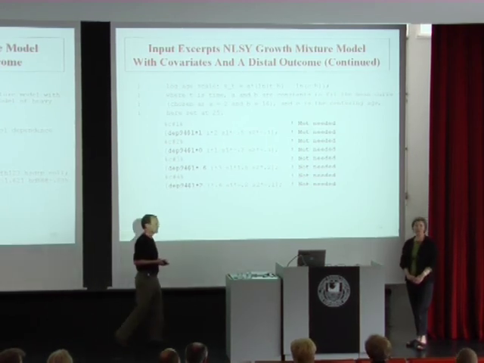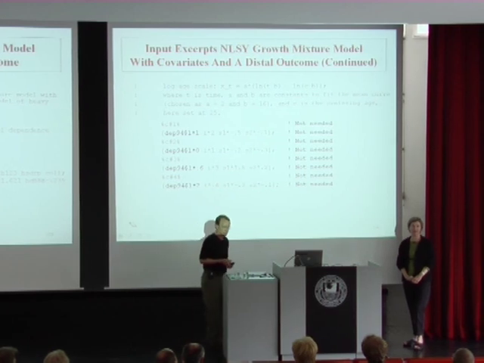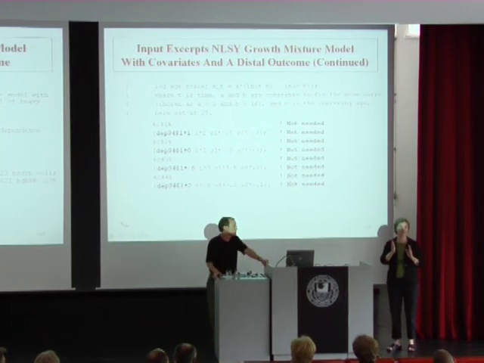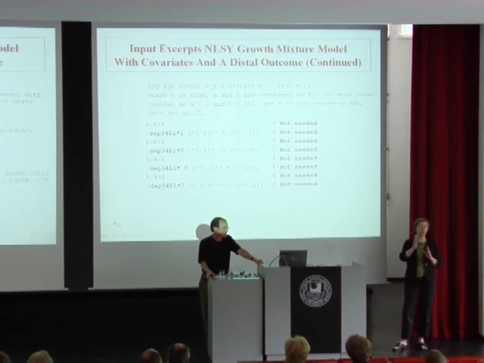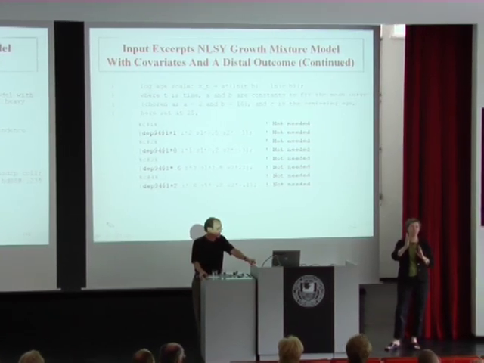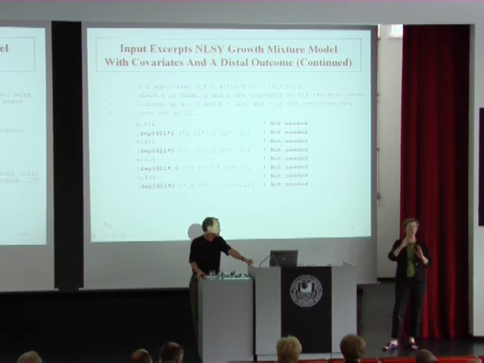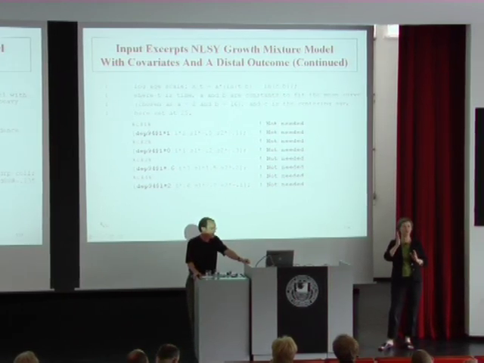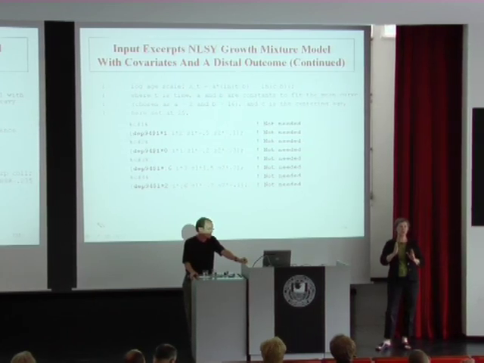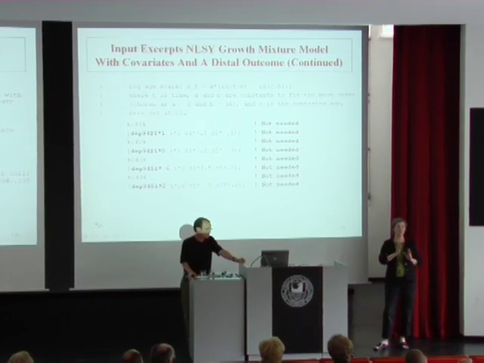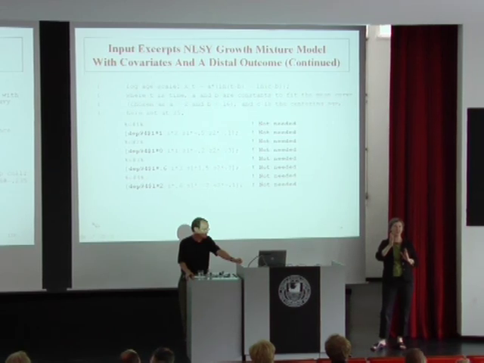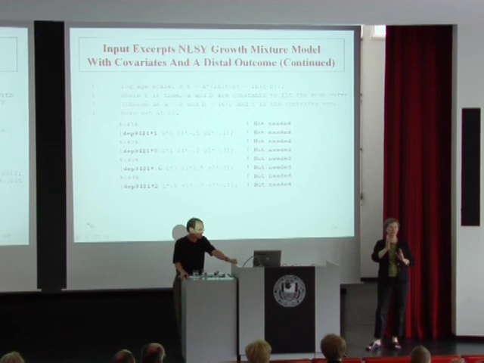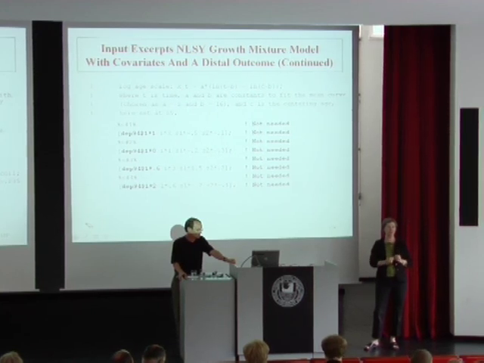Well, that probably means you have direct effects in the model, or that you need to specify direct effects so that you have some type of measurement invariance going on for your outcome variables. Non-invariance, you mean? Non-invariance, right, for your outcome variables. So you would want to look at the relationships between the covariates and the outcomes and see if you have significant effects, which would indicate that you have a direct effect.